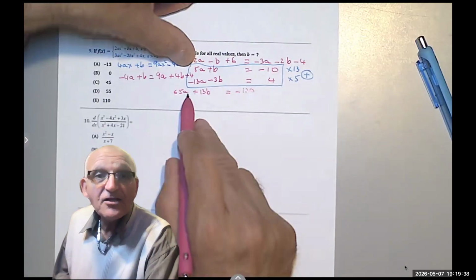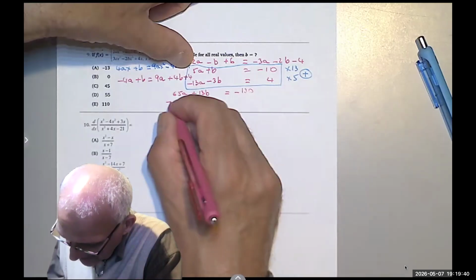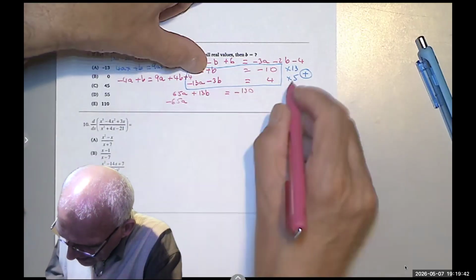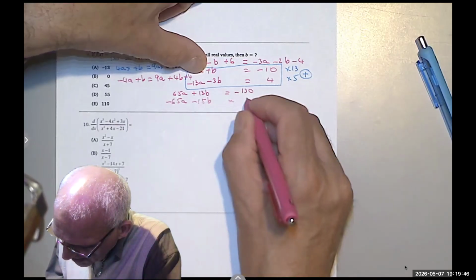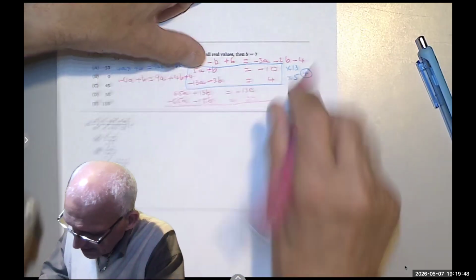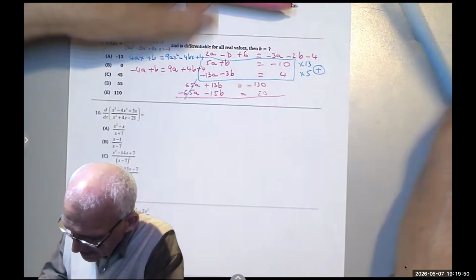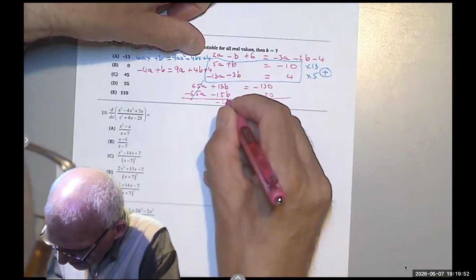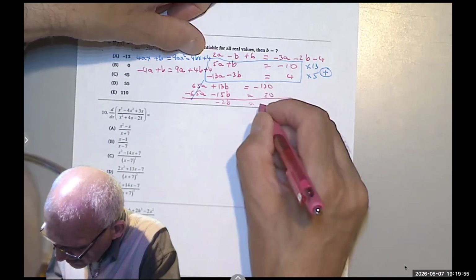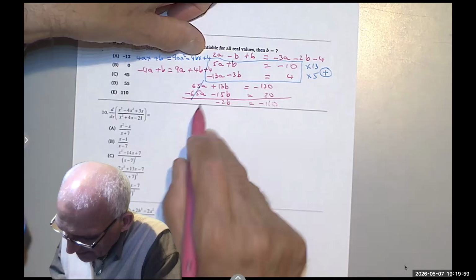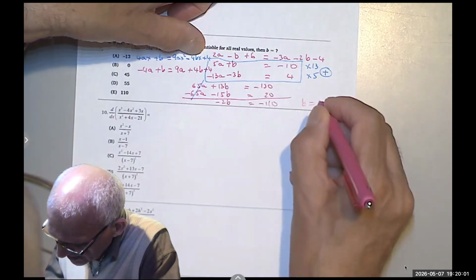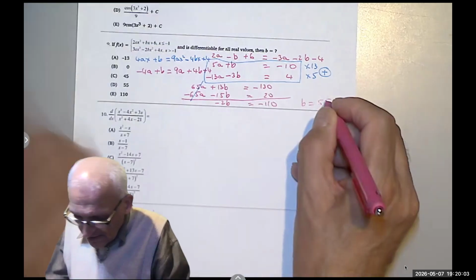And when I multiply the bottom by 5, I get negative 65a minus 15b equals 20. Then I add them up. So these two cancel. I get negative 2b equals negative 110. You divide negative 110 by negative 2, you get b equals 55. And that's d.